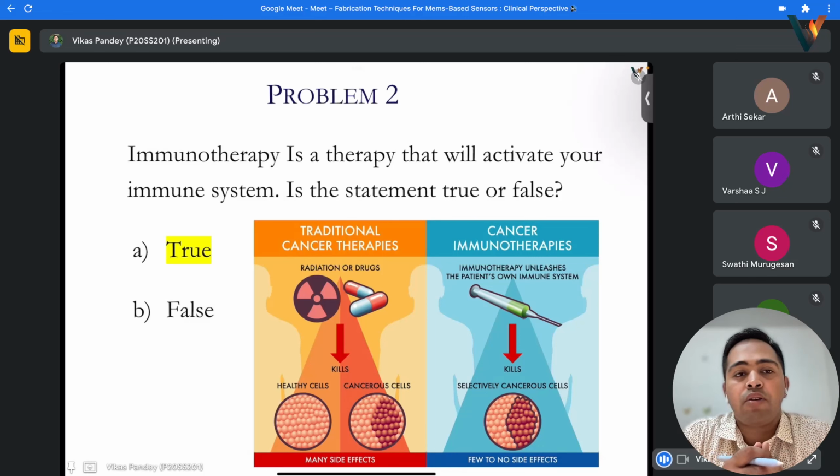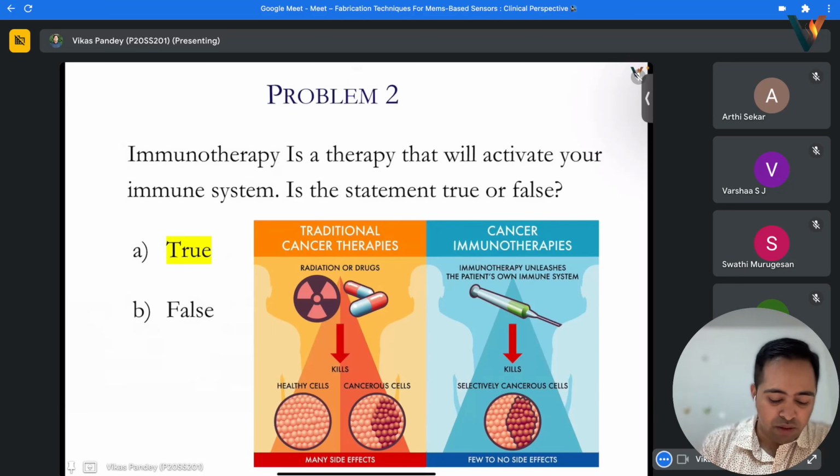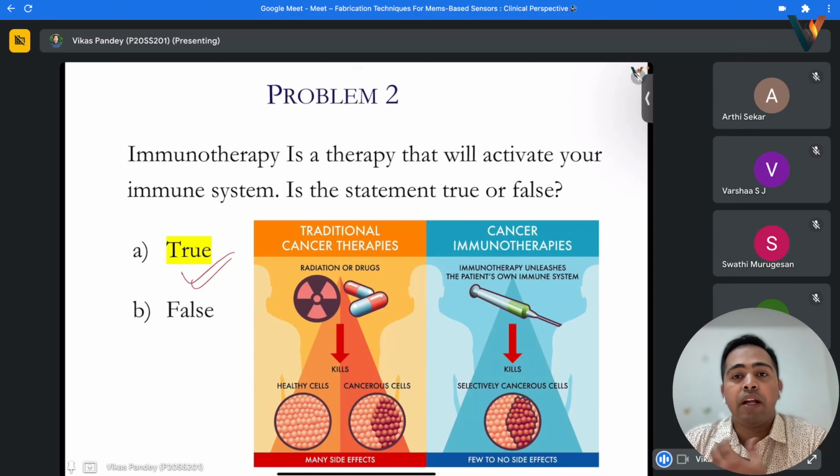Such therapies are called immunotherapy, and they are mostly being employed, especially in case of cancer. Not fully, they are still in trial phases. Yes, it is true that it is a therapy that will activate our own immune system to take care of the diseases that we are at present treating with medicines or drugs.